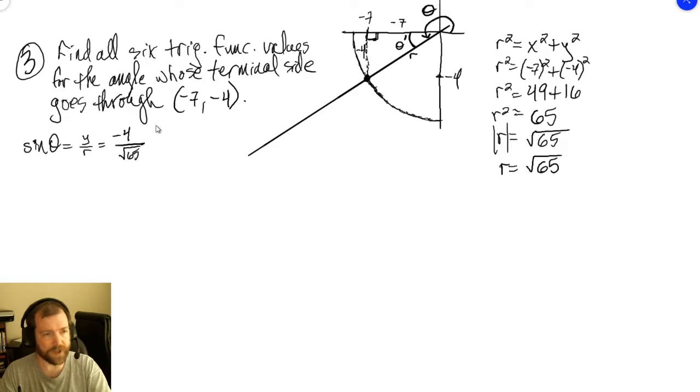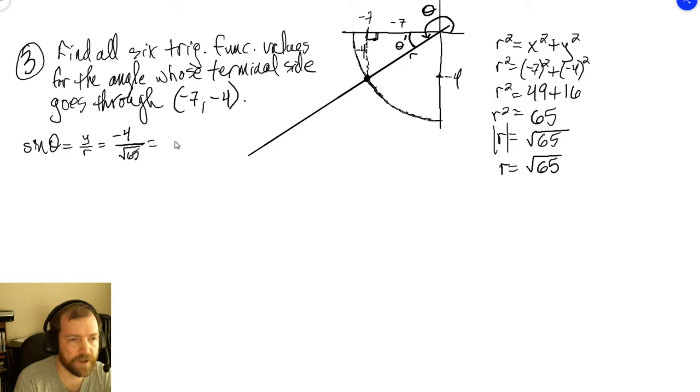If you tried to divide -4 by the square root of 65, you'd have some problems. However, if you take both the top and bottom and multiply by the square root of 65, this gets us -4 square roots of 65 up top, and down bottom, you end up with just 65. Right, root 65 squared is 65.